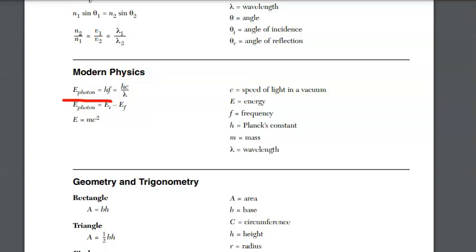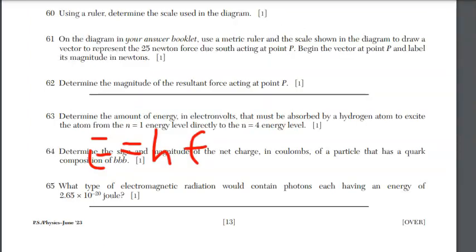We're going to get that off the front of the reference table, and we're given the energy in the problem, and then we have to go back and take a look at the electromagnetic spectrum. All right, 65, here's our E, that's going to go here. We have to get Planck's constant, that's going to go there. We're going to solve for frequency and then go back to the reference tables.